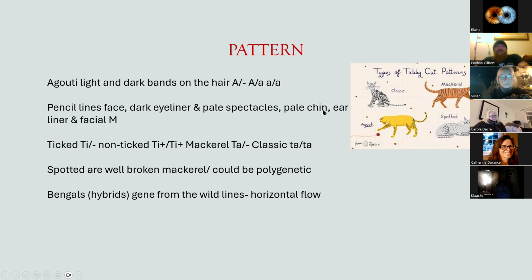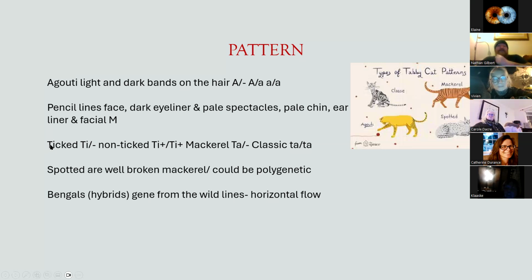It shouldn't go past the chin onto the chest. If it does, it could well be that pesky locket gene. So we keep an eye on how far down that pale area goes. It's perfectly normal on the chin. You'll see it in all tabby cats to some degree, and it's just part of what comes with the rest of the information on the T locus.